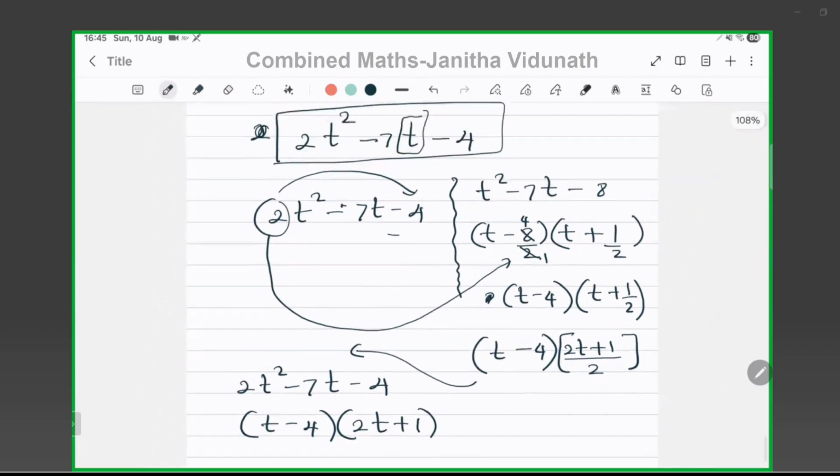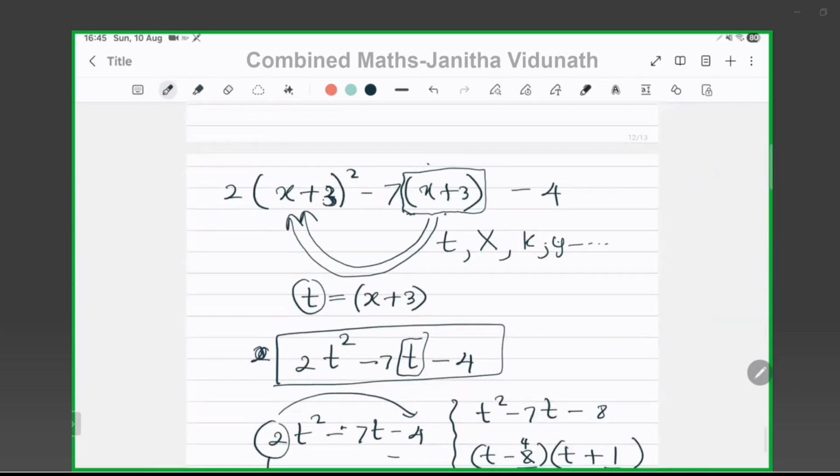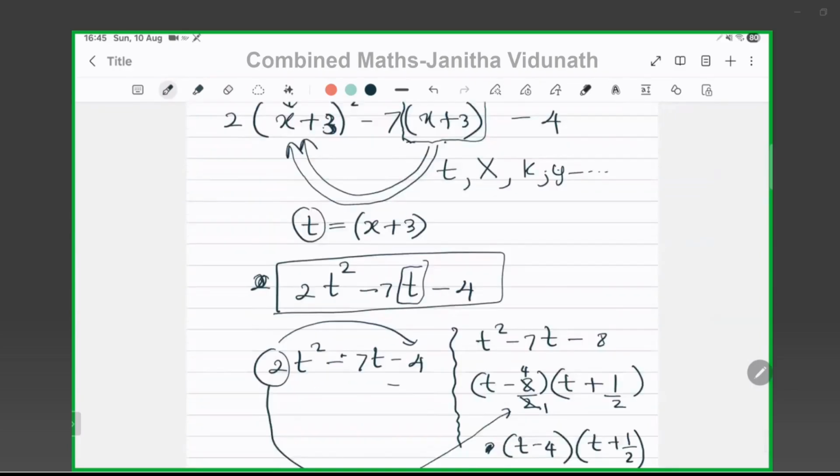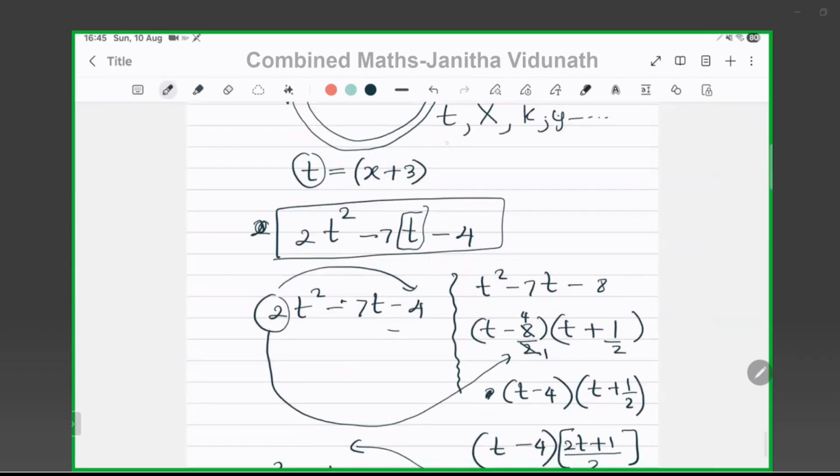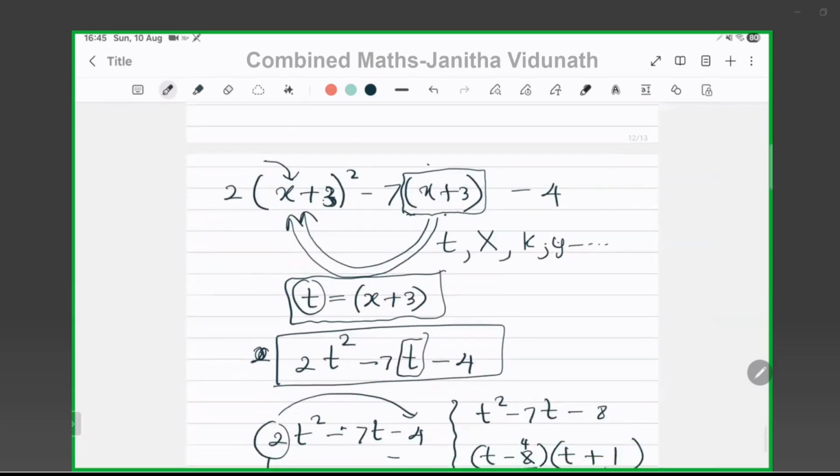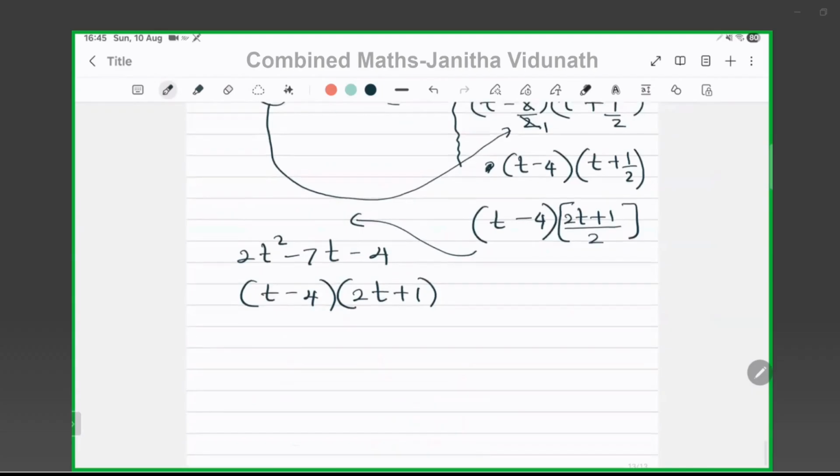They give the question with the x variable, but we put a new variable t. Here t is defined by us, but the question is in x. So we need to convert our final answer to the variable x, because they gave us the question with the variable x.